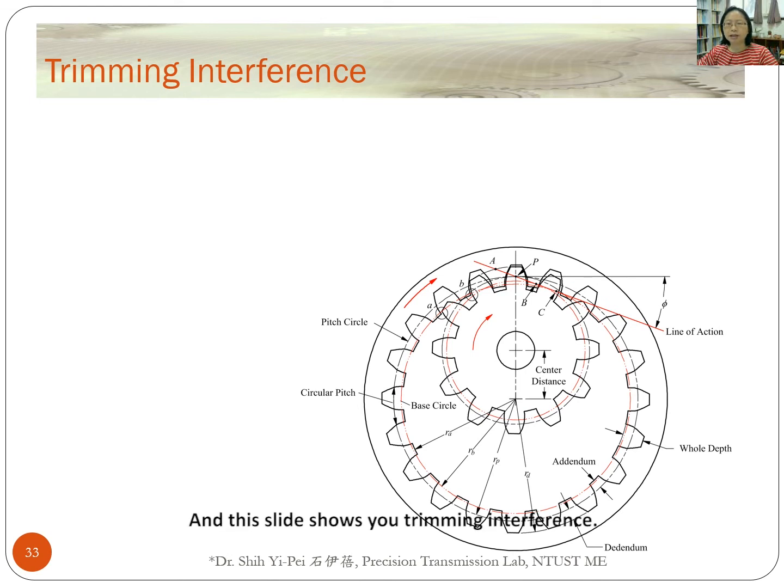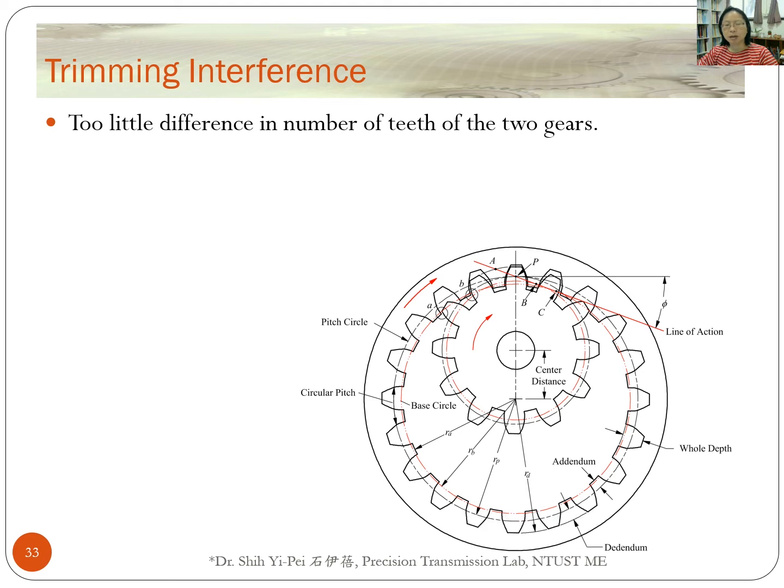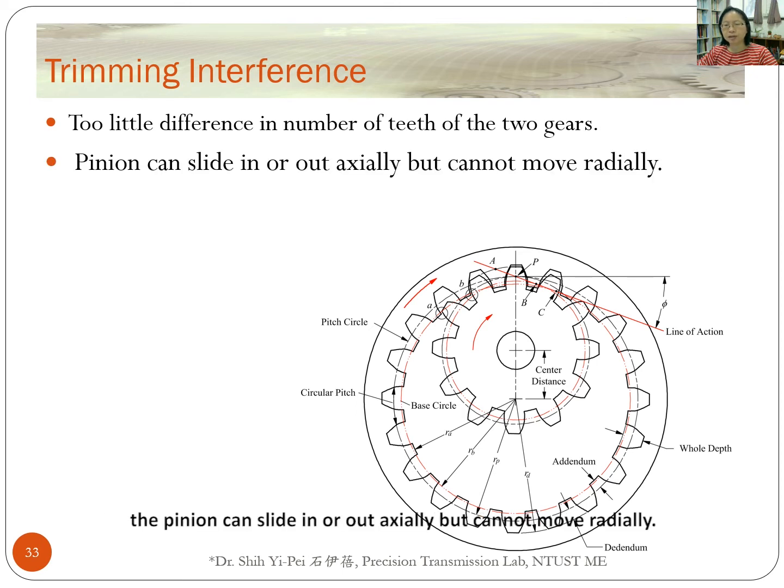And this slide shows you trimming interference. If there is too little difference in the number of teeth of the two gears, the pinion can slide in or out axially but cannot move radially. We call it trimming interference.